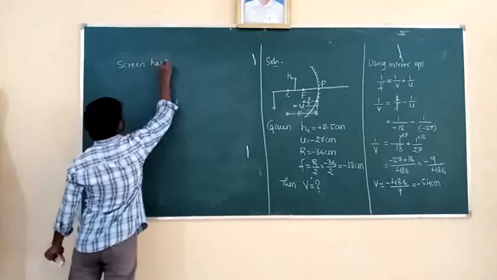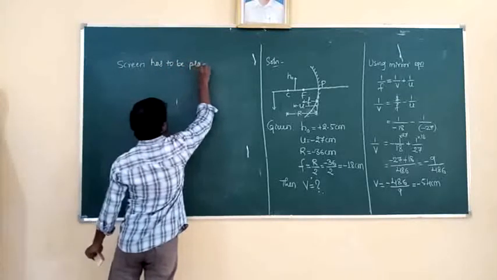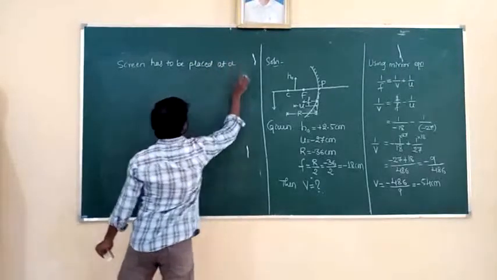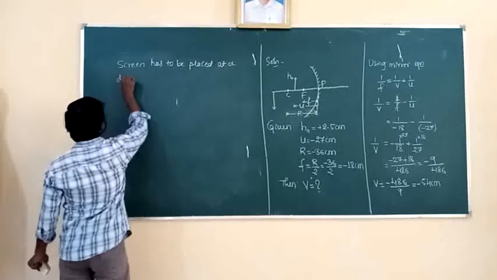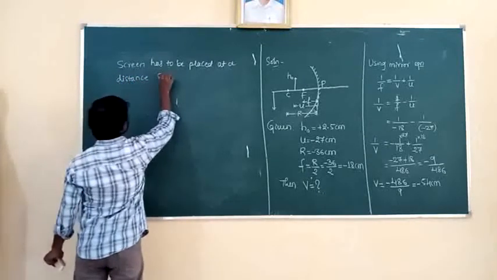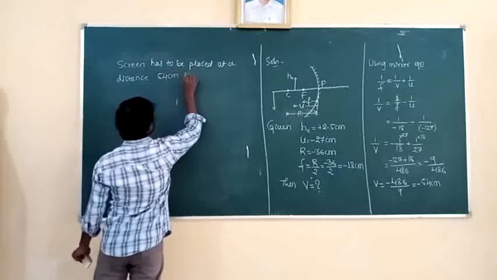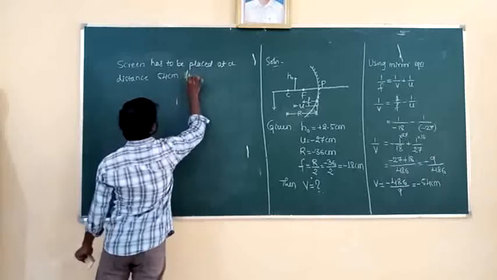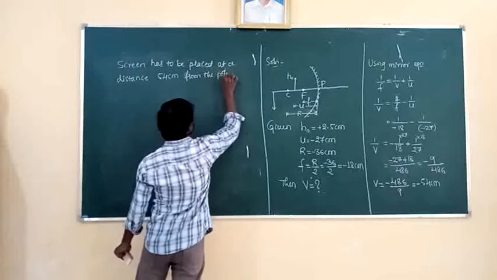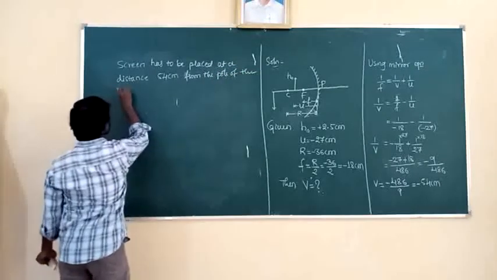Screen has to be placed at a distance of 54 centimeter from the pole of the mirror.